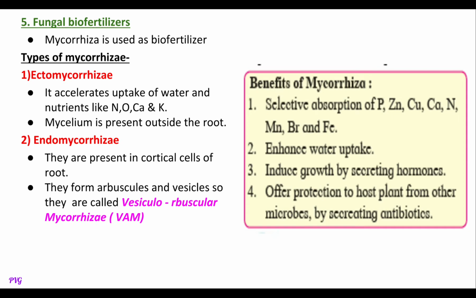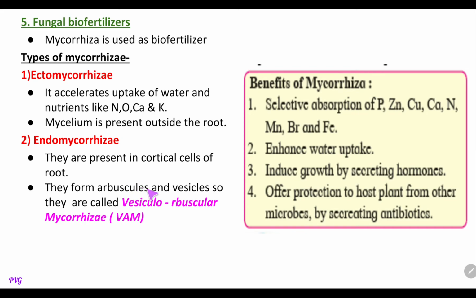Then fungal biofertilizer. Mycorrhiza is used as a biofertilizer. There are two types, ectomycorrhiza and endomycorrhiza. Ectomycorrhiza accelerates the uptake of water and nutrients like nitrogen, oxygen, calcium and potassium. Mycelium is present outside the root. Another example is endomycorrhiza. The mycorrhizae are present in cortical cells of the root.